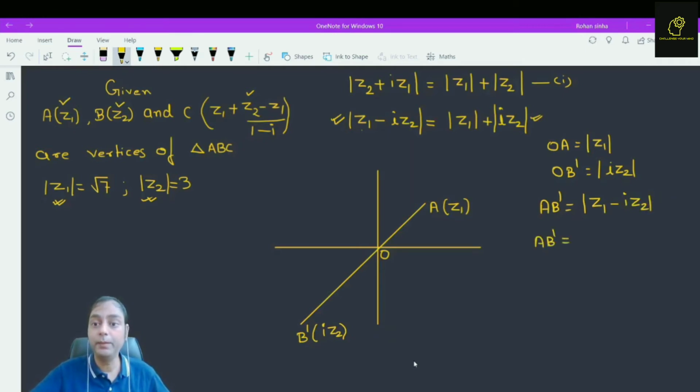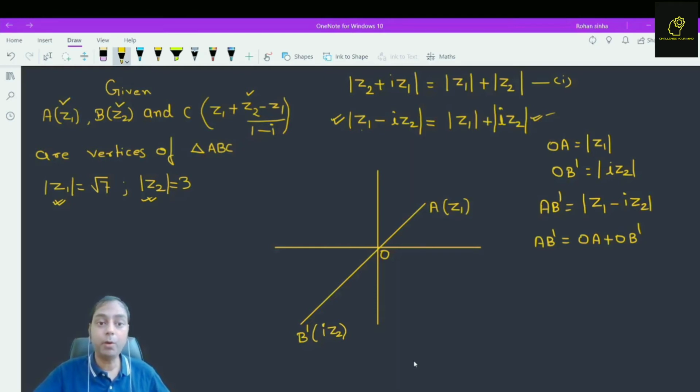This is only possible when AB dash is equal to OA plus OB dash. So what does it mean? They are in the same line, they are collinear. O, A and B dash are collinear, part of a line segment. Now B dash is i z2.